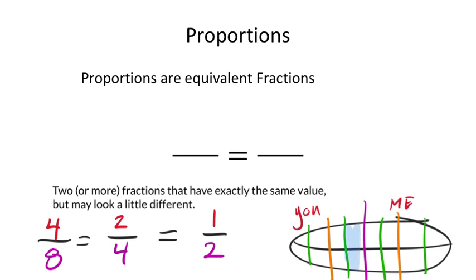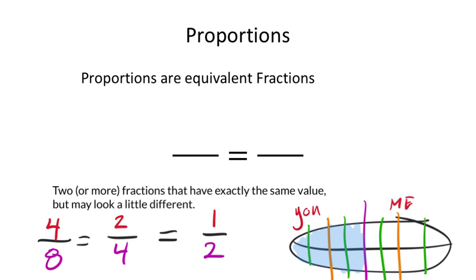This is your half of the sandwich, but now it's 4 pieces out of 8 pieces, and I get my 4 pieces too. So 4 pieces out of 8 is the same as 2 out of 4, which is the same as 1 out of 2. All 3 of these, and we could do more, would be considered equivalent fractions, so we can call them proportional. We can say that these fractions are proportional.